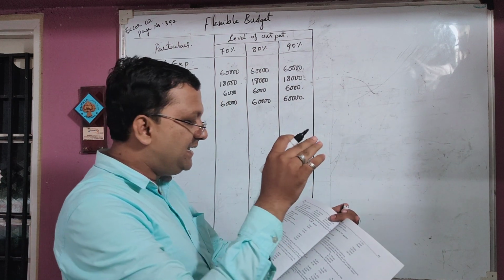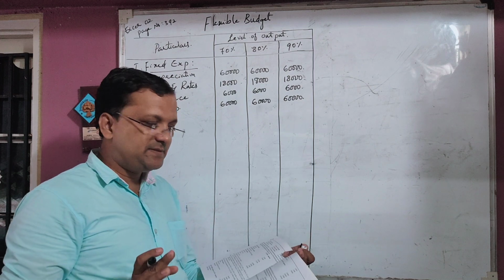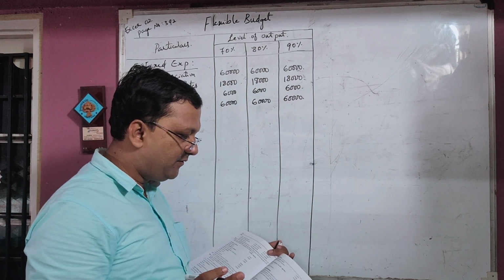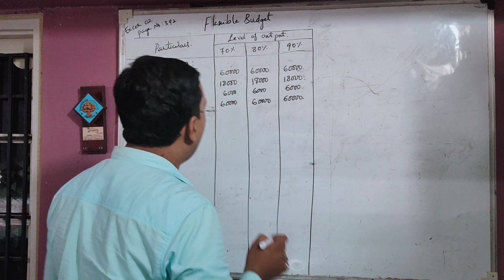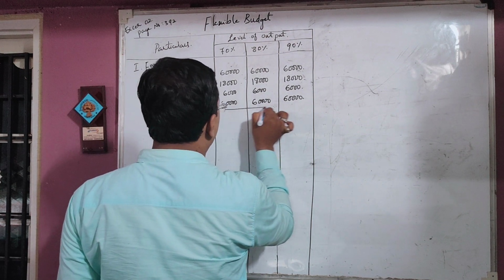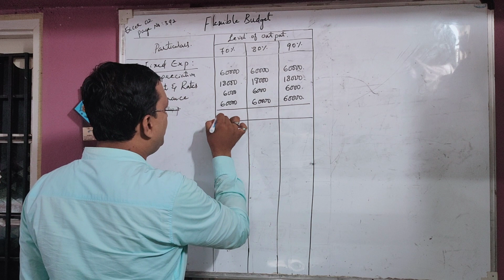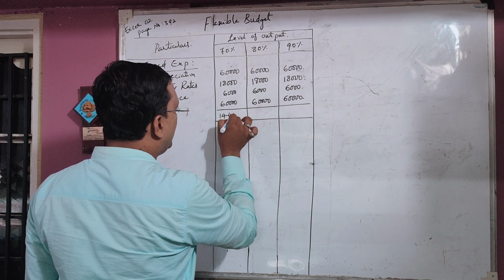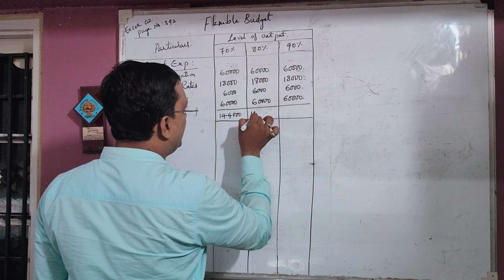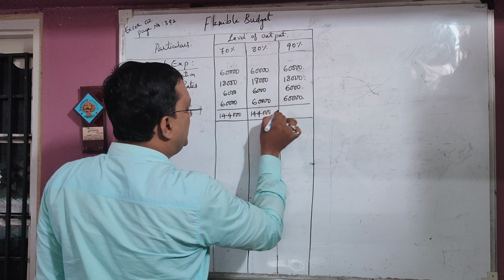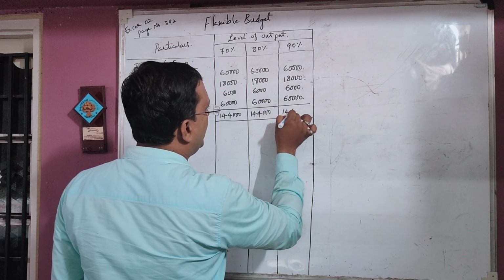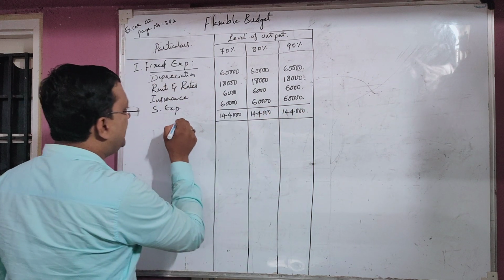Nothing else is left in fixed expenditure. We have taken only four things. Then the total of the four things is 1,44,000. Name the total as A: 1,44,000, here also 1,44,000, here also 1,44,000.